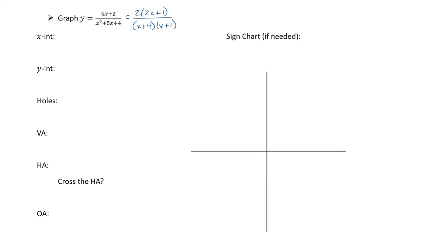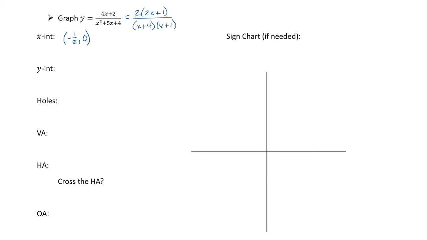So here we have, find the x-intercept. My x-intercepts, as we saw before, is where we make the y equal 0. Well, we end up where it's always the zeros of the numerator. So we have (-1/2, 0) for the x-intercept.